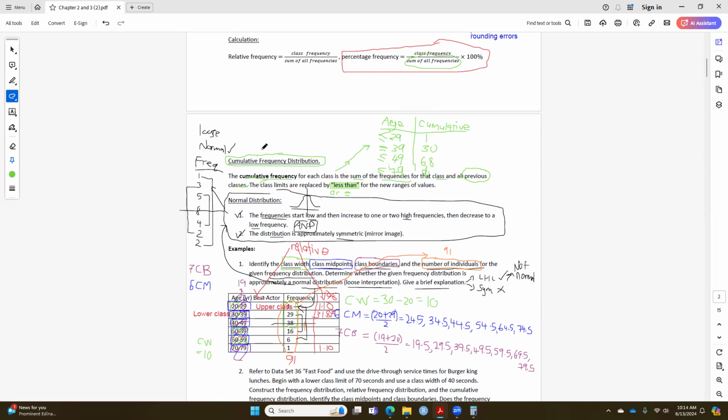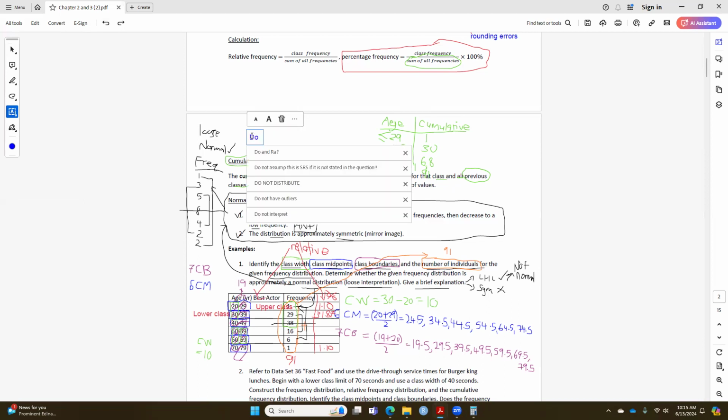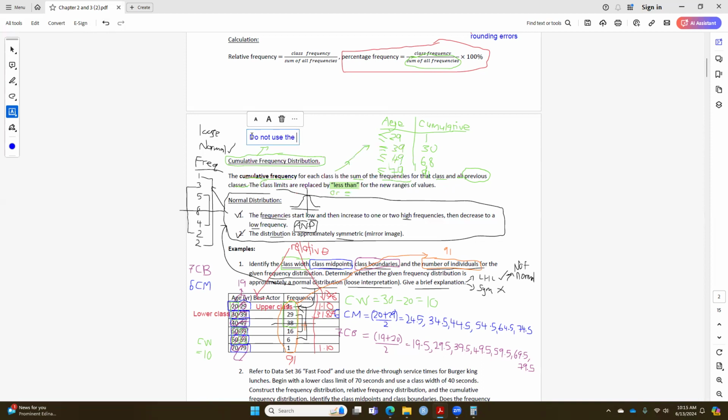One important note about this: I'm going to type this out because it will be quicker. Do not use the percentages. A lot of students do this in the test and they get it wrong. Instead of using the frequency, they use the percentages that you calculate in the relative one.